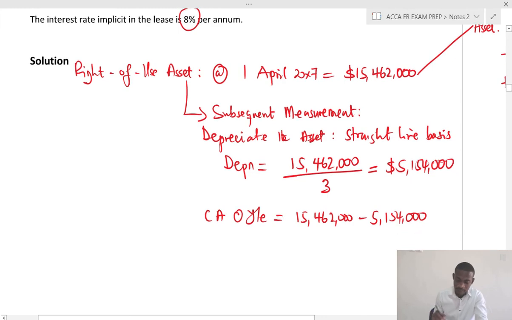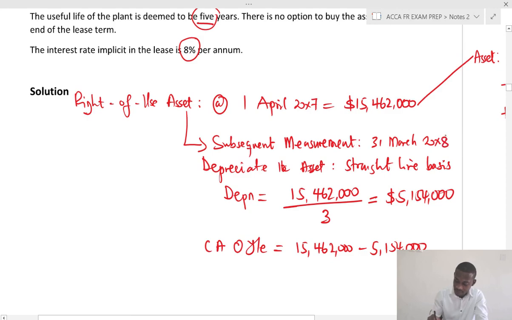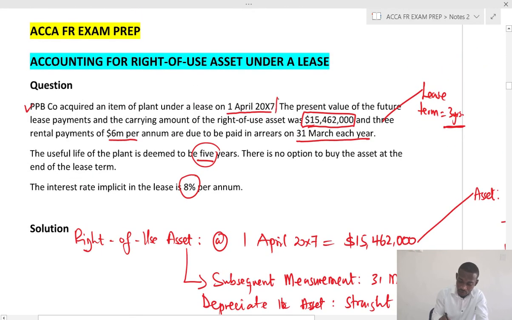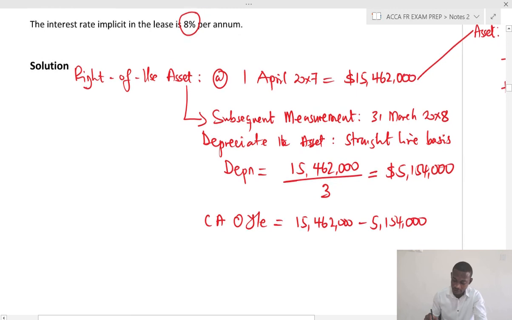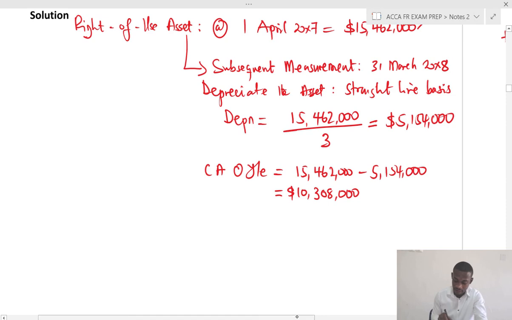And because the year end is 31st March 20x8, because it was entered into on 1st April 20x7, here we have 12 months depreciation to calculate. Now the reduced balance would be 15,462 minus 5,154. That would be 10,308 million.